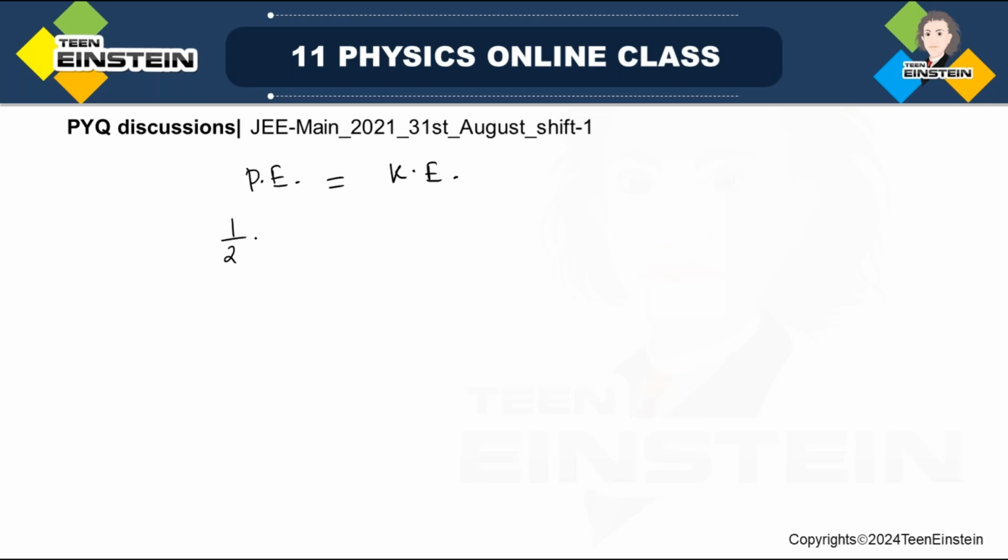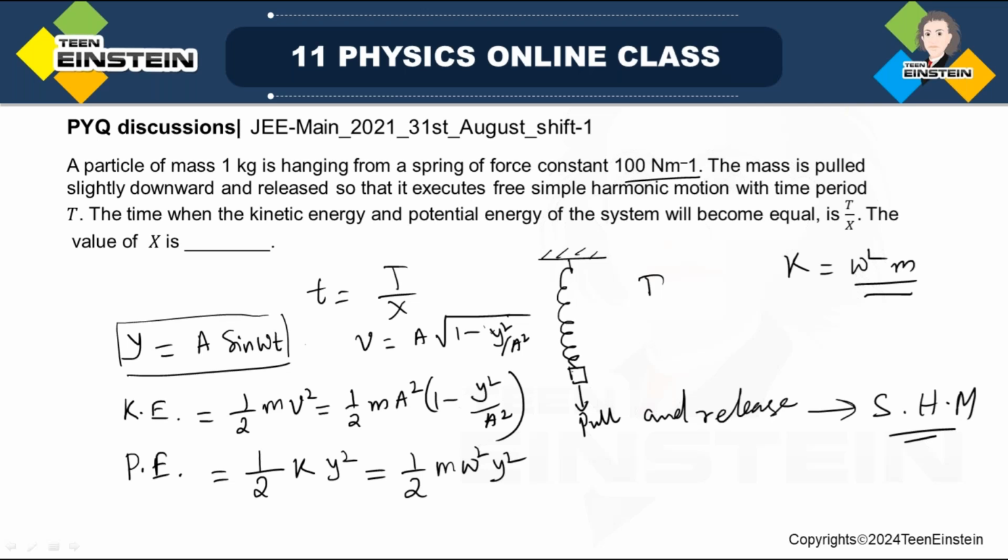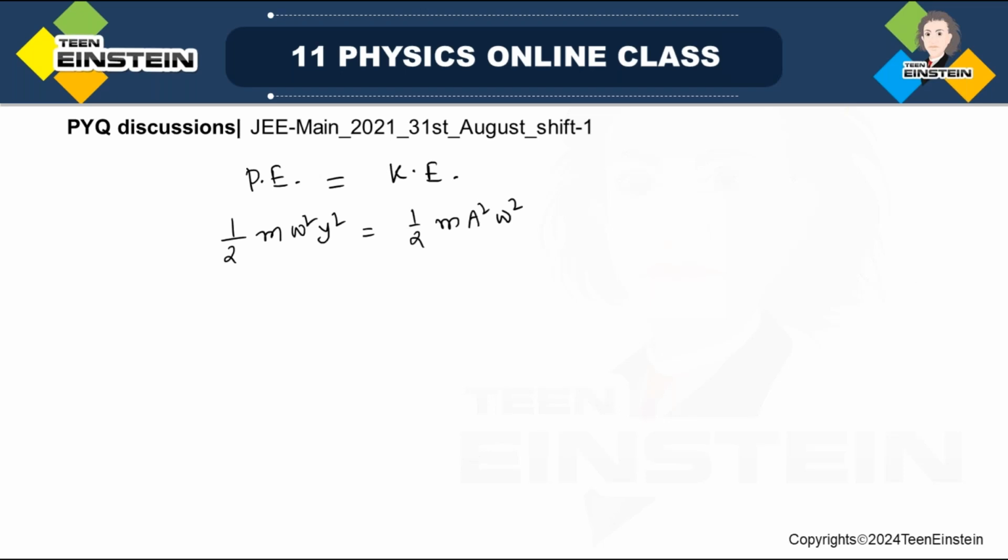So I can write half m omega square y square is equal to half m a square omega square into 1 minus y square by a square.